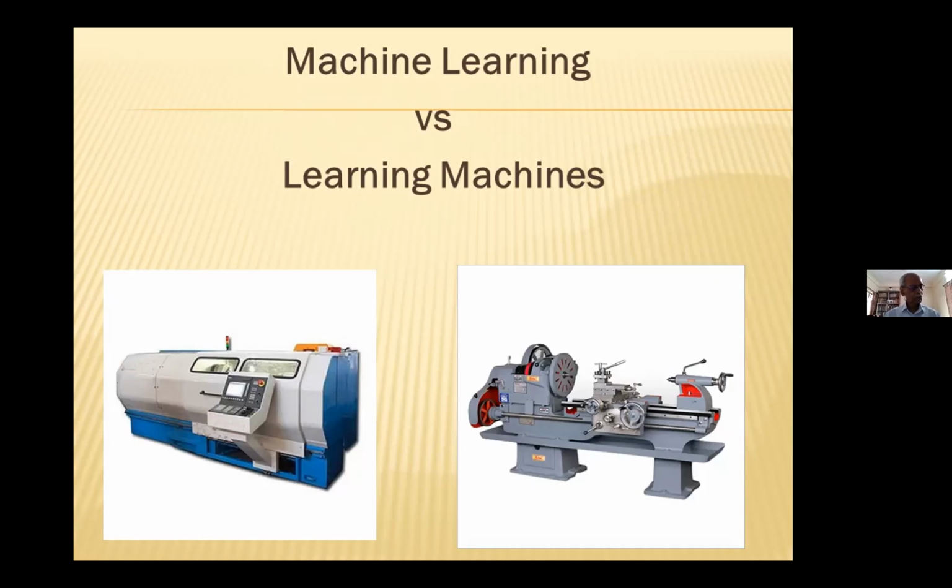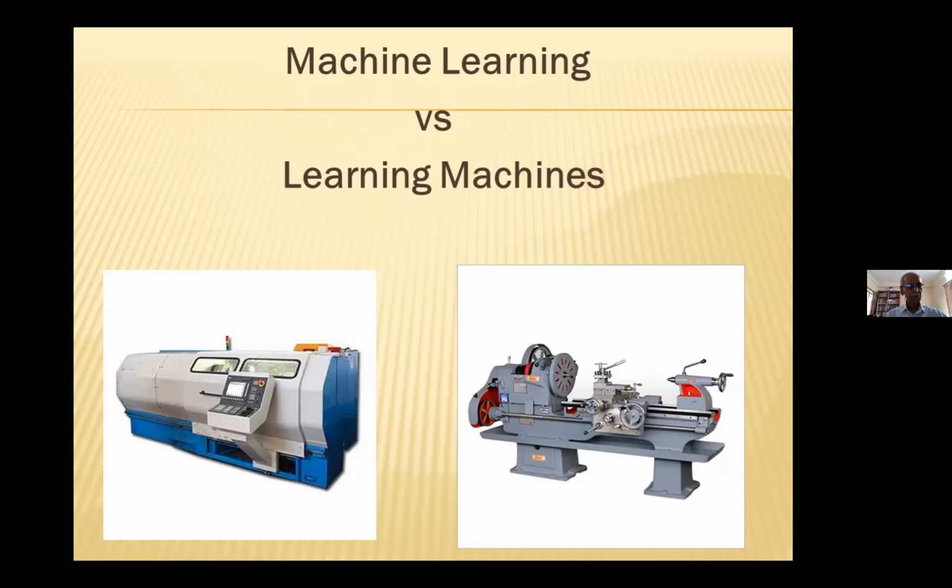On the left is shown a CNC, a computer numerically controlled lathe. There are many advanced versions of this type of machine with ML and AI incorporated. But the fact remains that the basic machining process remains the same.